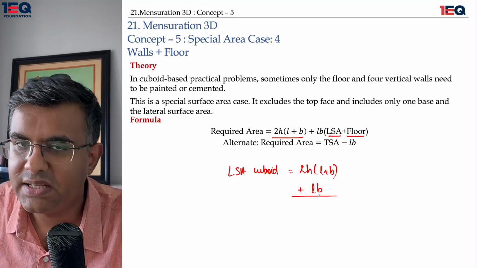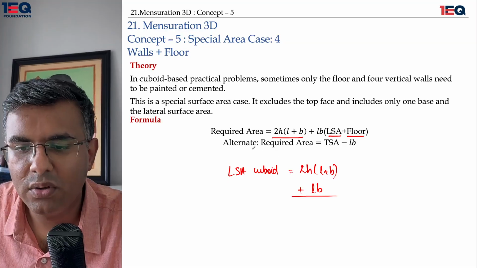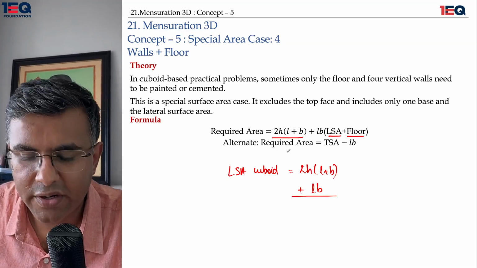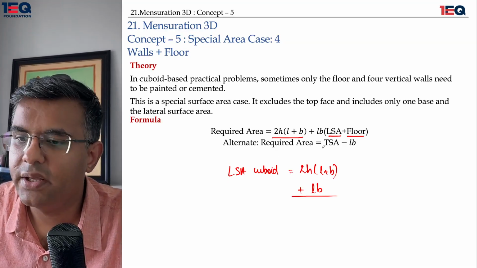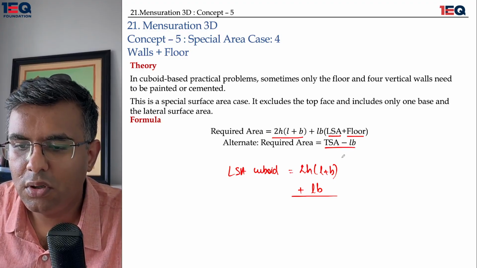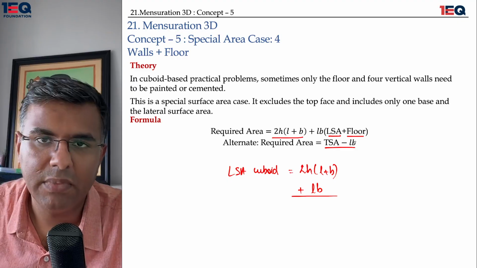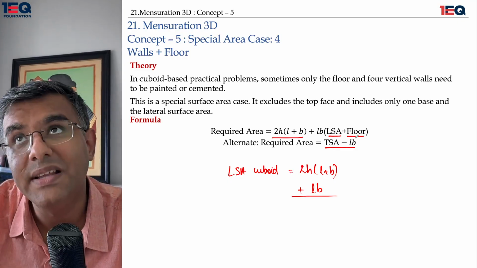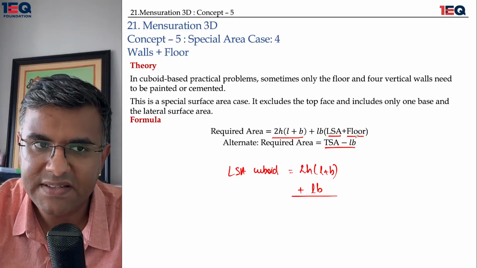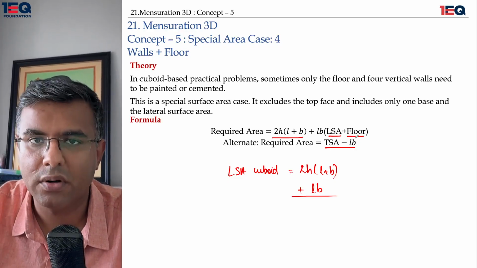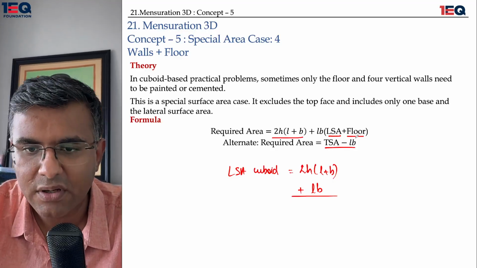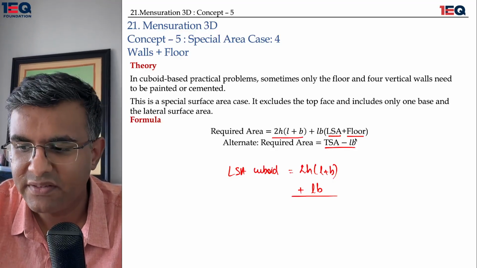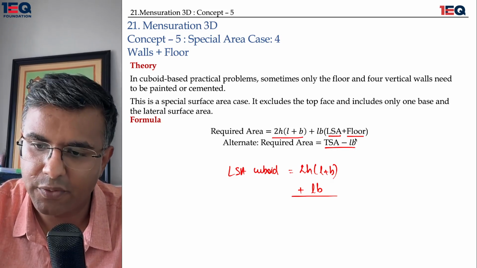Also, there is another way out. The alternate way says that the required area is equal to TSA, the total surface area, minus LB, minus the roof. The roof would have the same dimensions as the floor, because it's a symmetrical figure. That is why the roof will have the same dimensions as the floor.